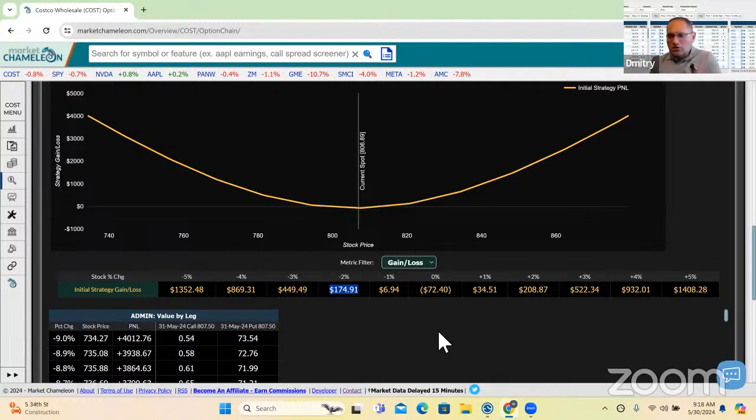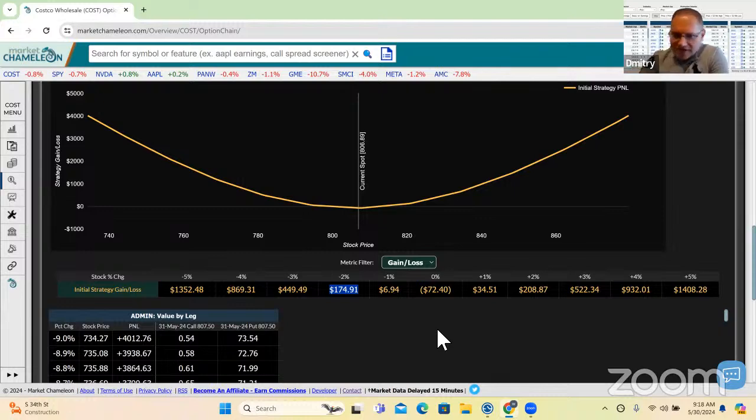One of the factors is the time decay. We got one day closer to expiration. So let's check that out. What if the stock doesn't move today? What if we don't expect it to move today, but we expect it to move tomorrow? Let's see what that looks like. That will factor in the time decay.